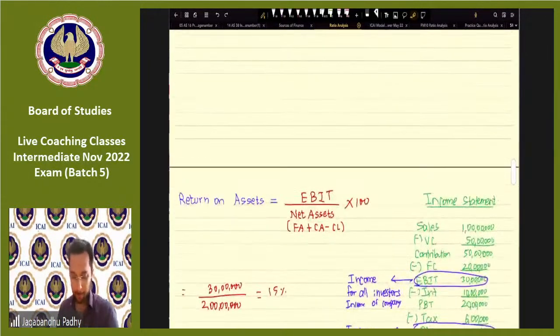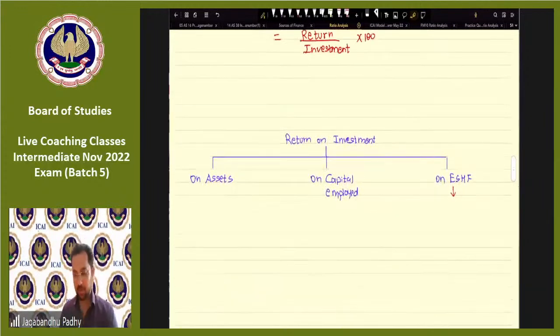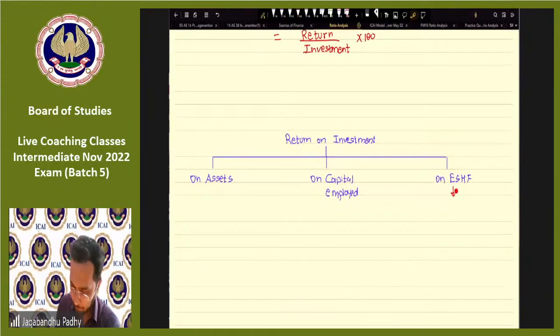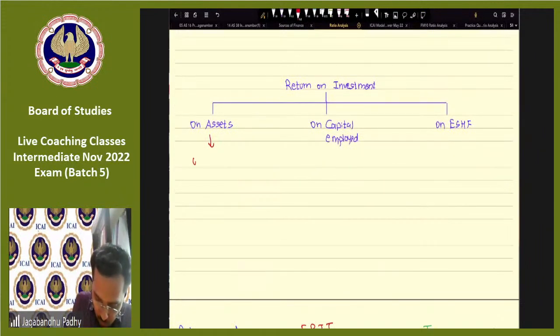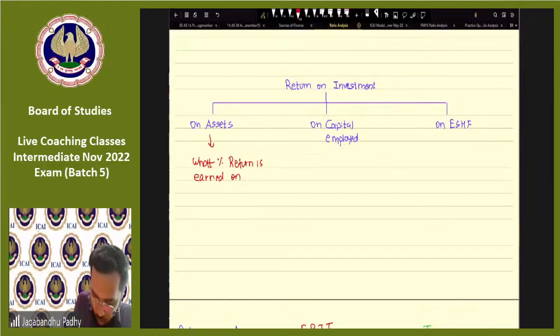Now, if you look at the concise form, the return on assets tells us what percentage return is earned on assets.